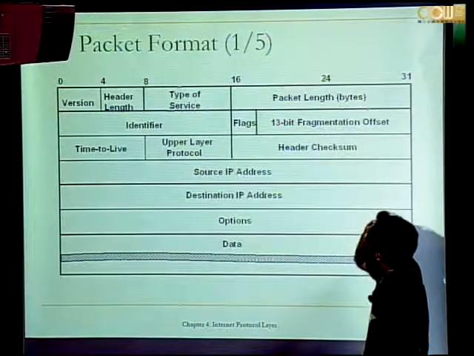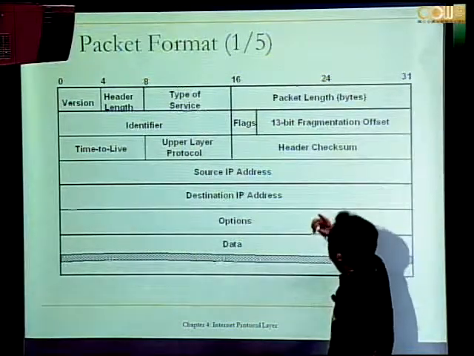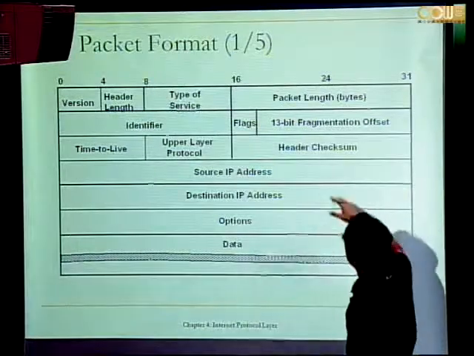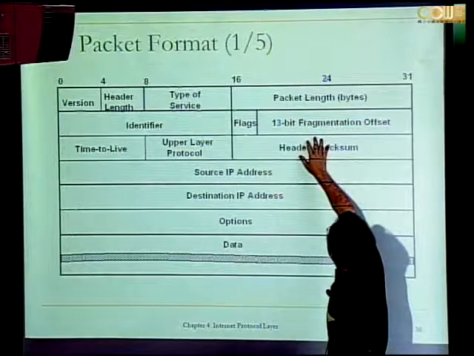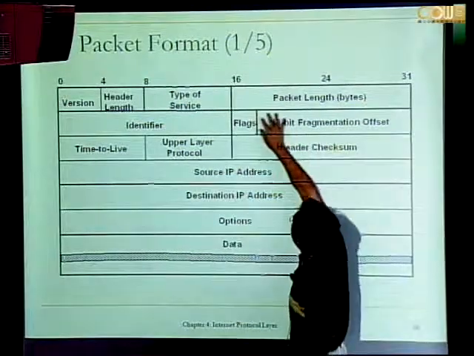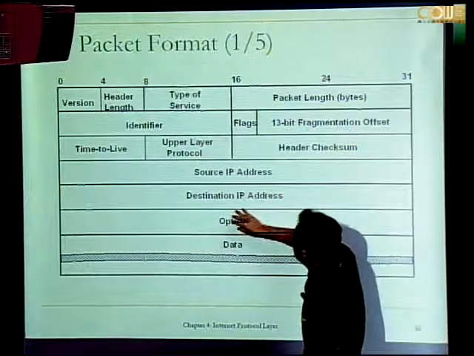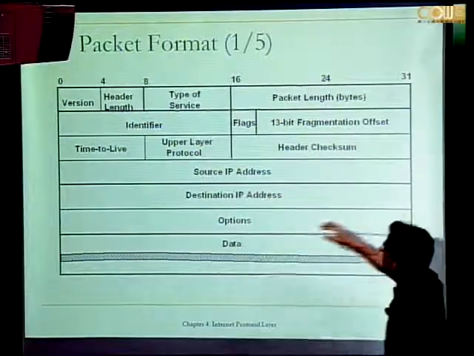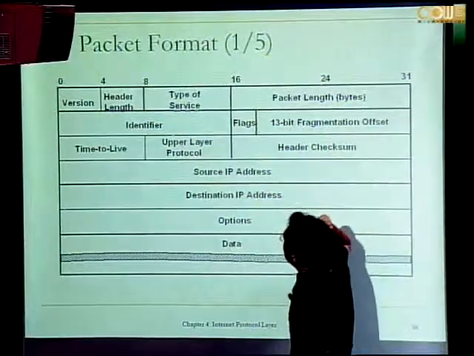Okay, and as you will see in IPv6, they remove this, no checksum. And they put this in the extension header, and then they take out the options into the extension header too. So these and these are in the extension header.